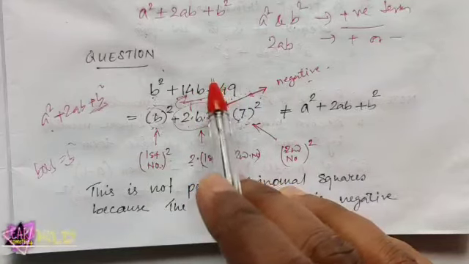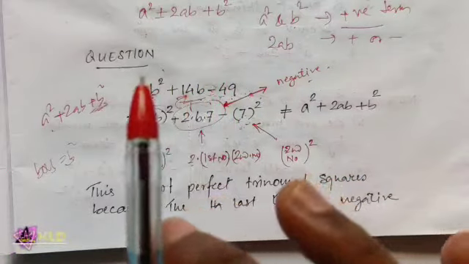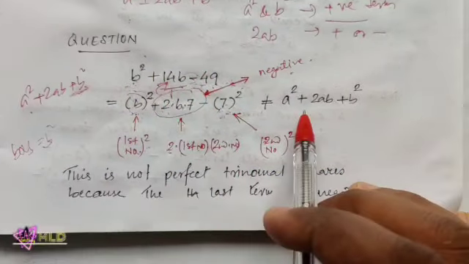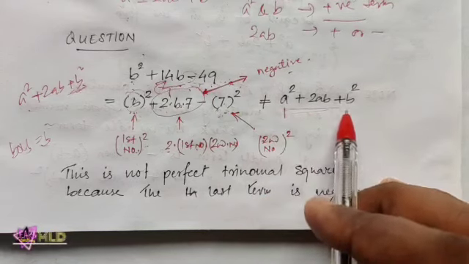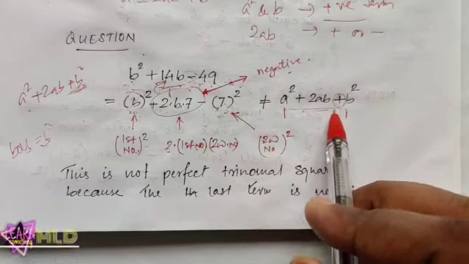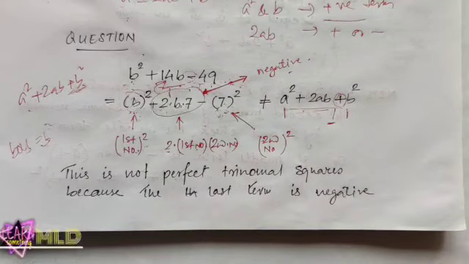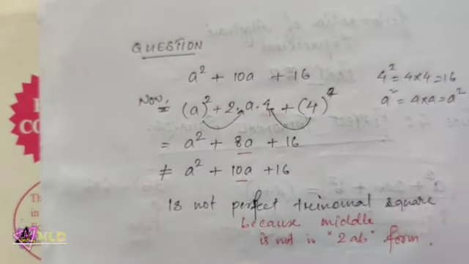If it were plus, then this would be a perfect trinomial square. There is a square, there is b square, and twice ab is also matching, but the last sign is not matching. For that reason this expression is not a perfect trinomial square. Let us come to another example.